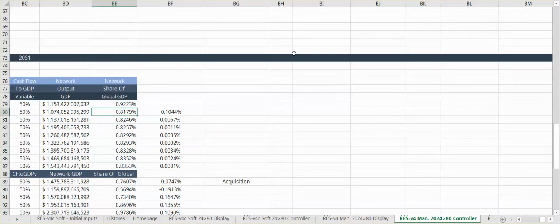This is a network share of global GDP, and we can see it's pretty much static all the way through the 50s, I suppose we call them. And this is just done by small, tiny changes to E. Then from, let's just get there.